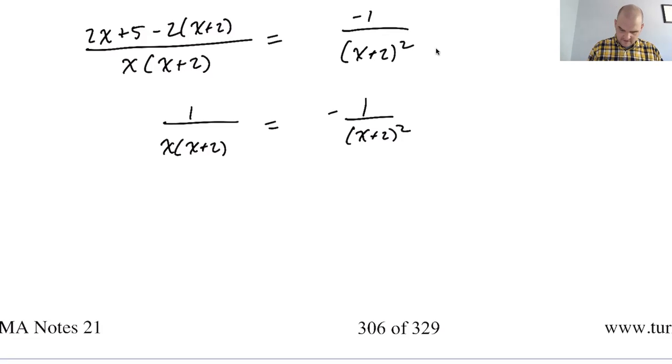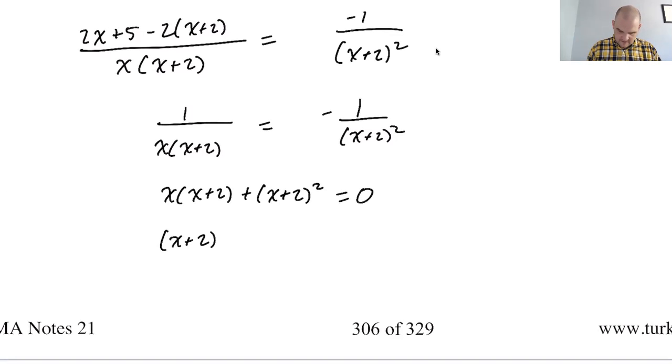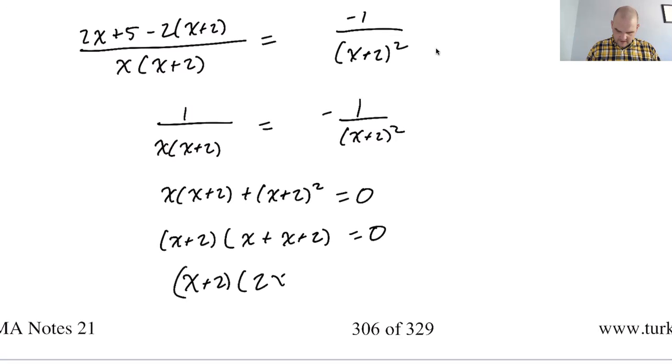So that'll be x plus 2 equals negative quantity (x plus 2) squared, but I'm going to add that to both sides. So I'm going to say plus the quantity (x plus 2) squared equals 0. I'm going to take x plus 2 out of both things. That'll leave me with x plus 2 and 2x plus 2 equals 0.